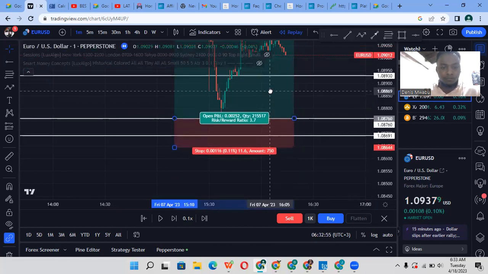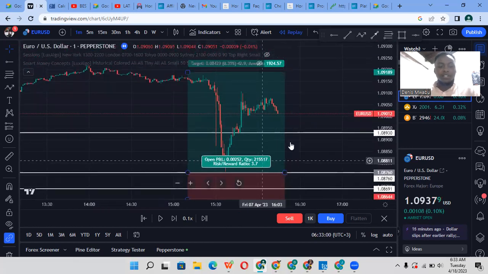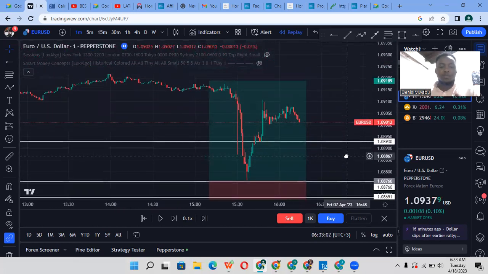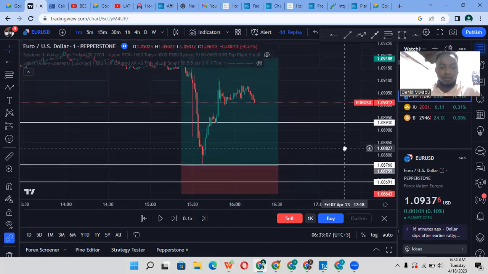Look, I'll have put my buy limit there. And look, immediately it just hit our demand zone just to the pip, flew up, giving us a 1:4.